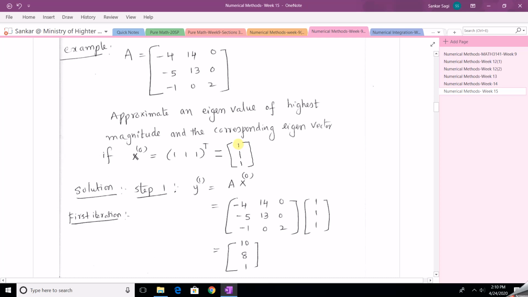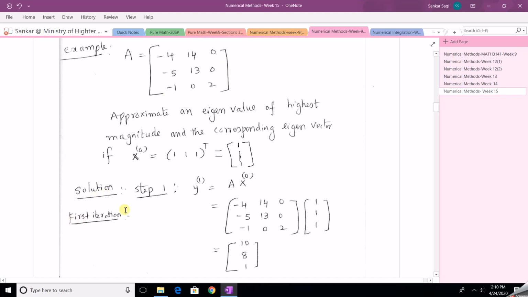So both are the same. This vector (1, 1, 1) transpose is nothing but a column vector 1, 1, 1. So this is the initial vector x0. If the initial vector is given, you have to find an approximation to the eigenvalue of highest magnitude and the corresponding eigenvector for this matrix A.